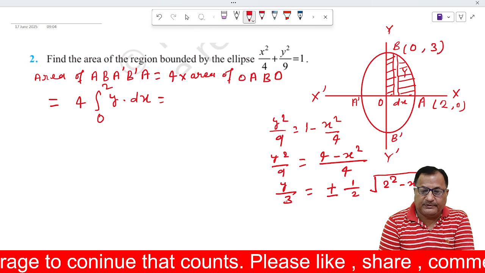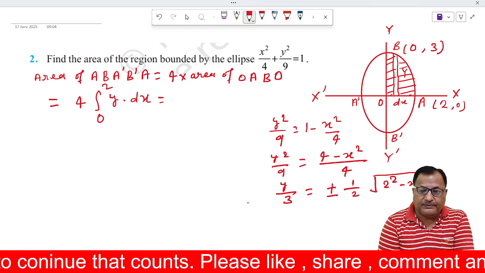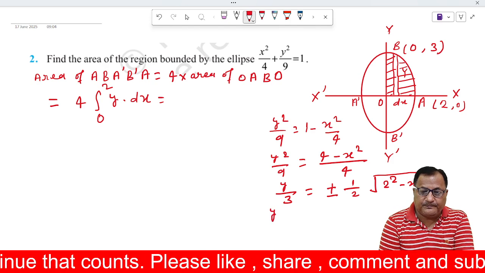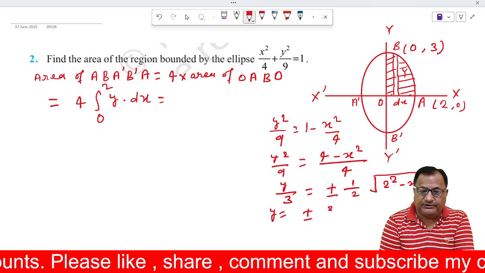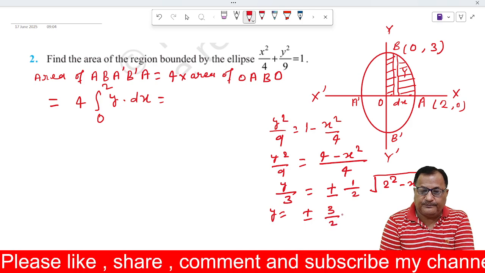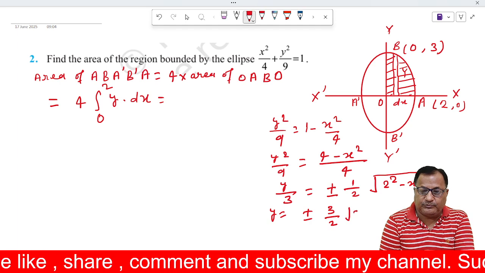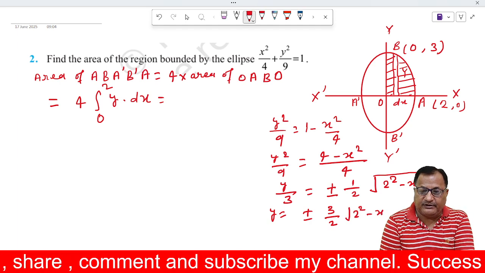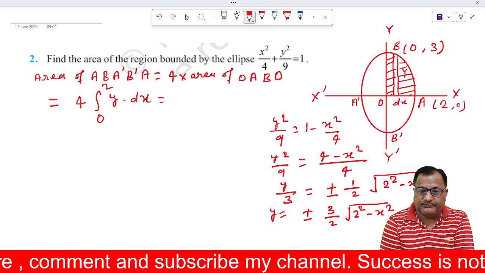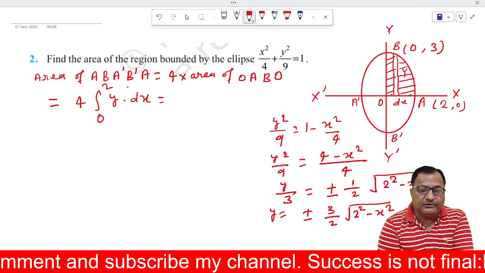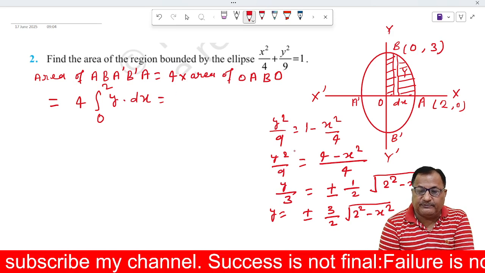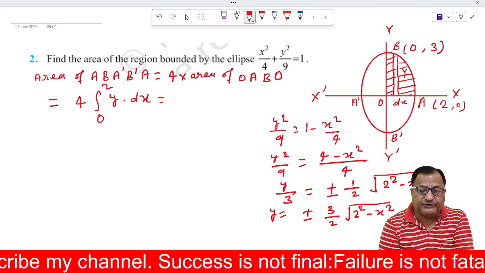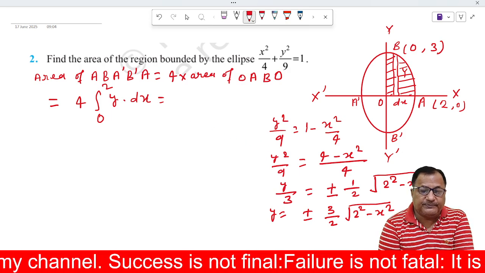So y is equal to plus minus 3 by 2 root of 2 square minus x square. Here we will take y positive, because this is in the first quadrant.